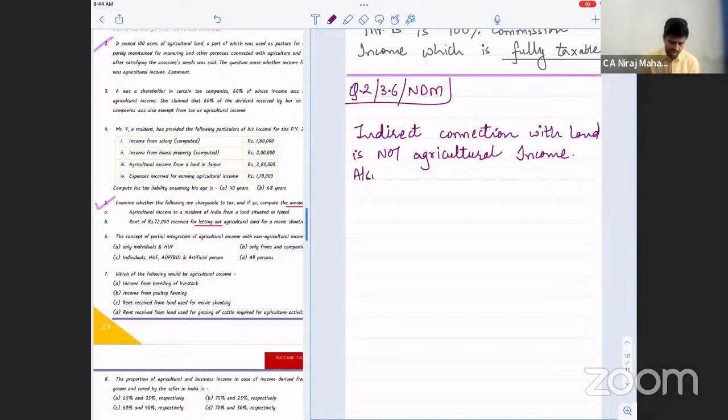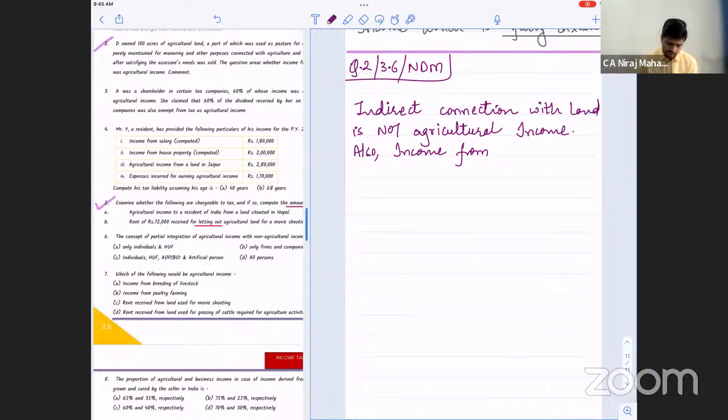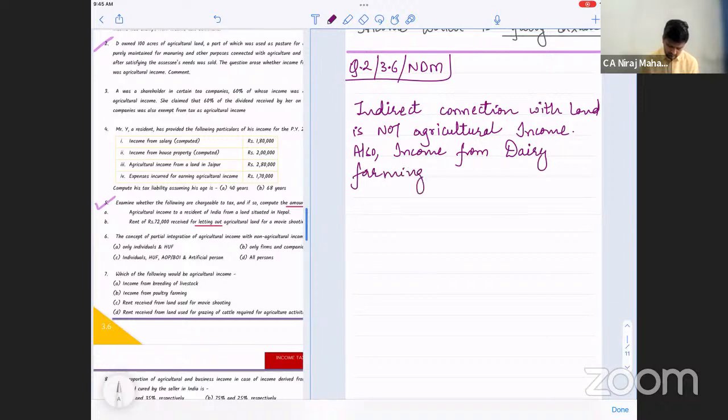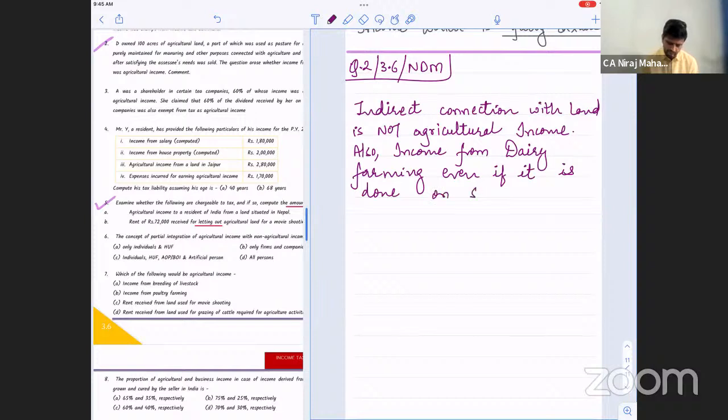Also, income from dairy farming, even if it is done on a small scale, is treated as business income. Clear? Fine, all of you?